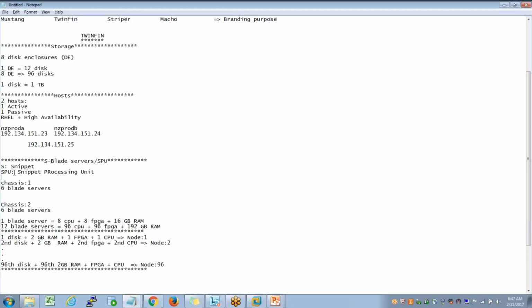Since these blade servers process snippets, small queries, we call them snippet processing units. And 4 disk enclosures plus chassis 1 is called SPA, snippet processing array 1.